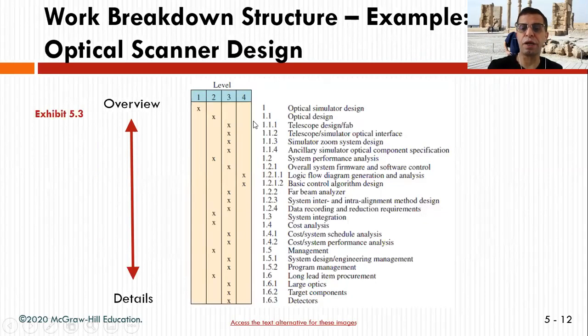The other way of looking at it is this way. I find it a little bit too much information here. But overall, it says 1, which stands for this, optical, for example, simulated design. And then 1.1 is optical design, which belongs to this level.